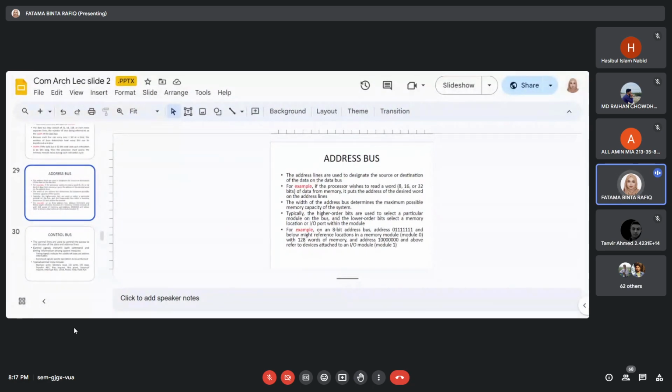The control signals will be sent by the control bus only, so that no data clash can happen. The data bus will use only the data path, the address bus will use only the address path, and control signals are sent by the control lines only. That's the basic thing. Now is it clear? Yes, miss. Is there any other confusion?